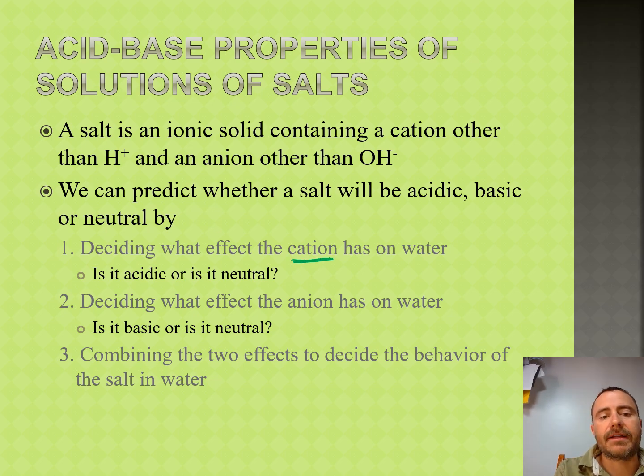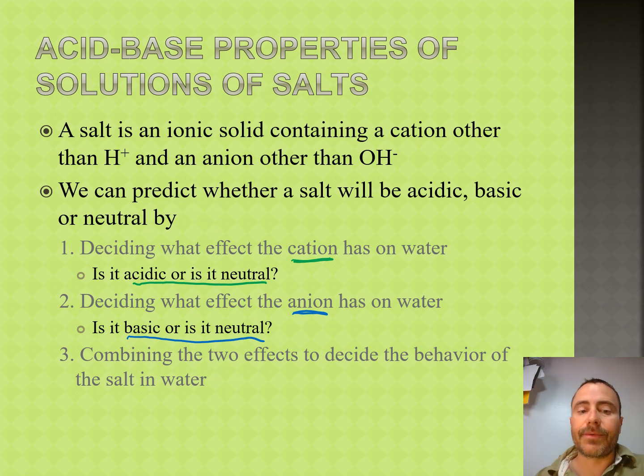The cation is either going to be acidic or neutral. It's only going to be one of those 2. Then we are going to look at the anion, and the anion is going to be either basic or neutral. Notice that an anion is never going to be acidic. And then we're going to add those 2 things together.